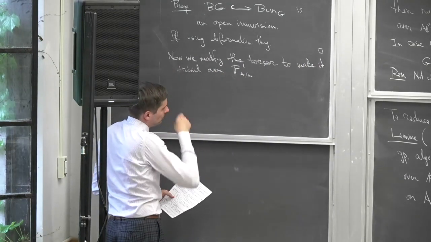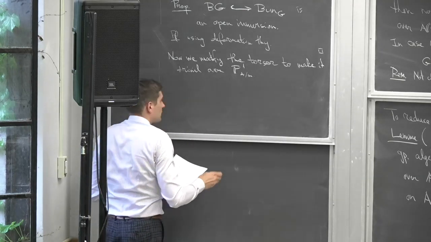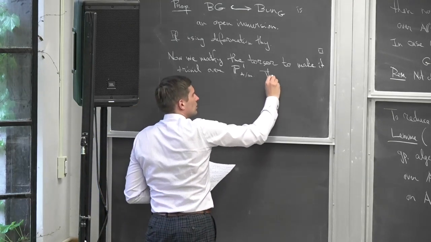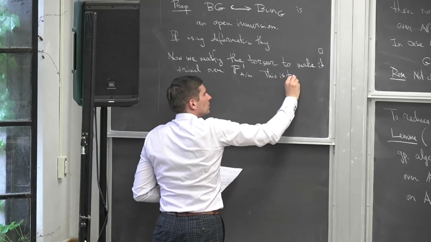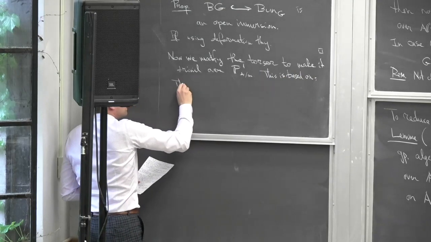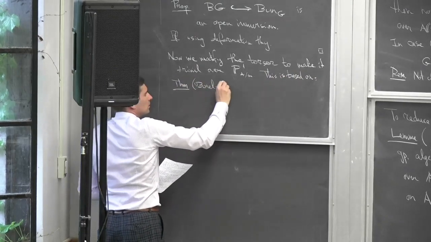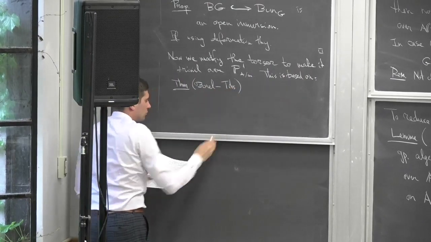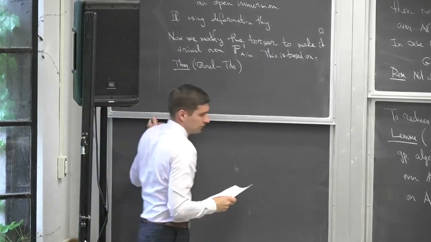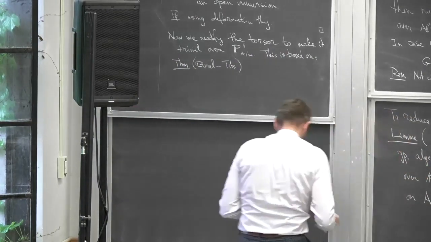So let me tell you what the main ingredient in that is. This is based on the following theorem of Borel and Tits, which is actually a really useful theorem and should be known more broadly than this.